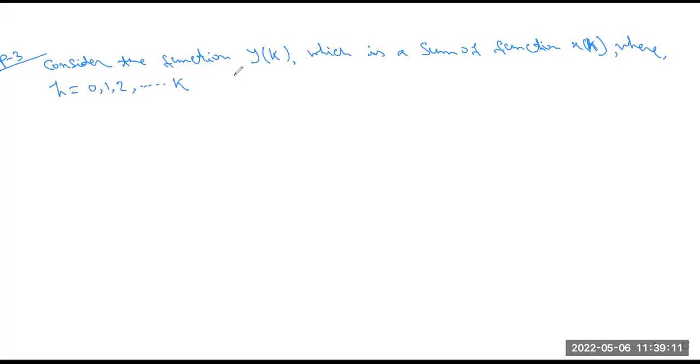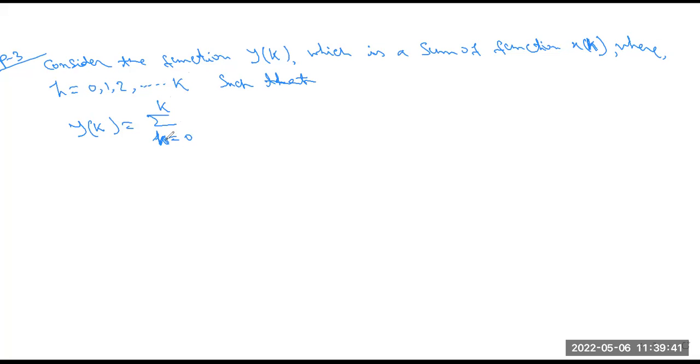So y of k is the sum for h equal to 0 to k, because you know that the lower limit is h equal to 0 and the upper limit is k.